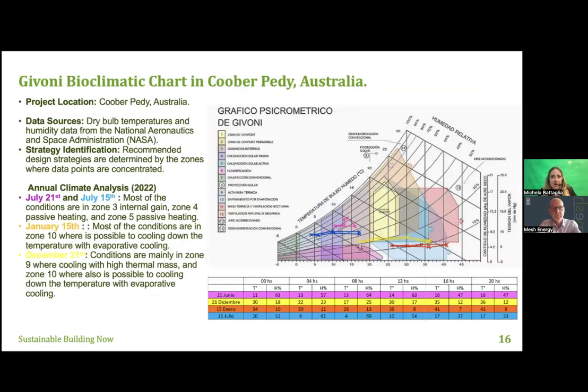Here is the case of Coober Pedy in Australia. Here we can see that during the summer, we are in the evaporative cooling zone and in the high thermal mass zone. And in the winter, we are in the internal heat gain and solar, active and passive strategies zone.